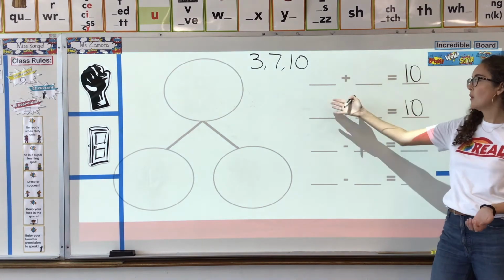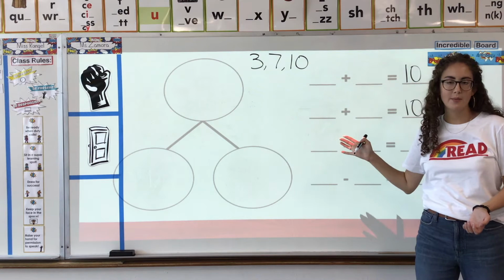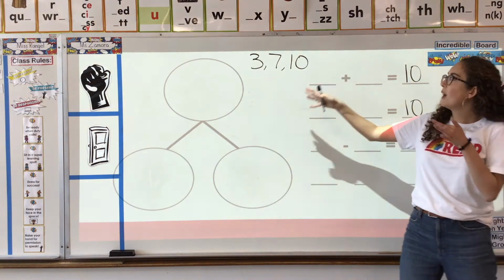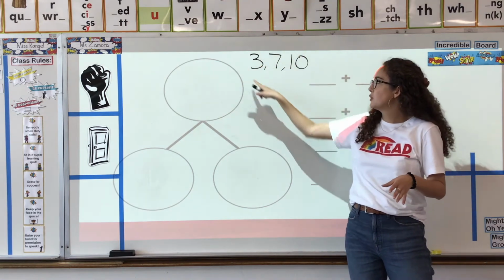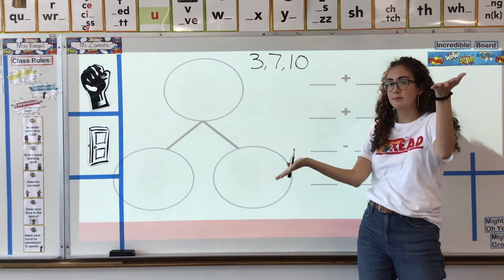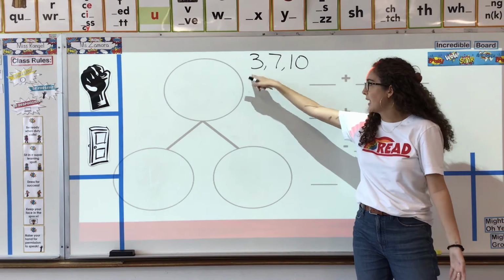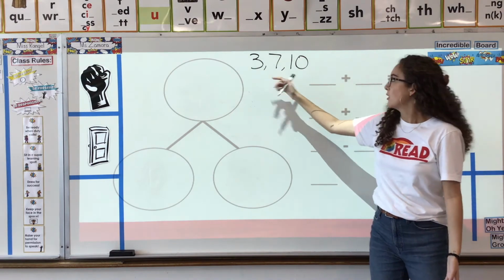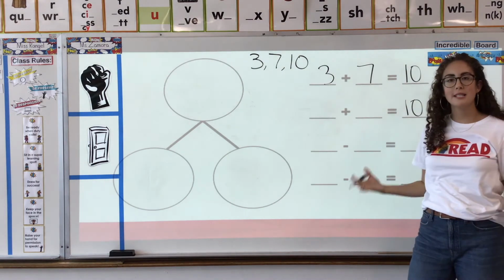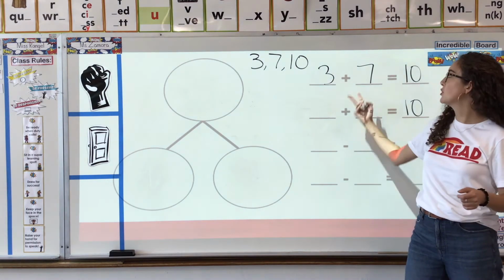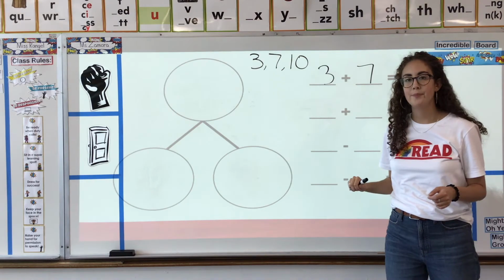So now we need to complete our addition sentences. So what are the two parts that are going to make up 10? 3 and 7. So let's start by saying 3 plus 7 equals 10. We know that's true because they're pairs to 10.